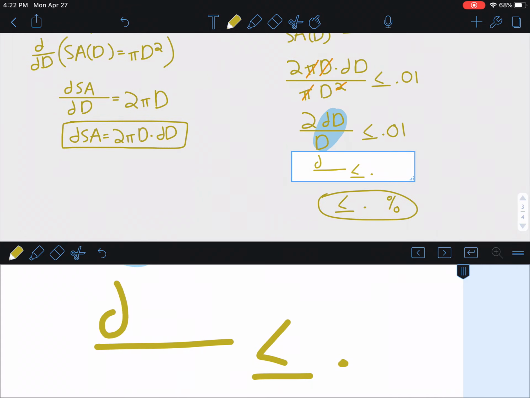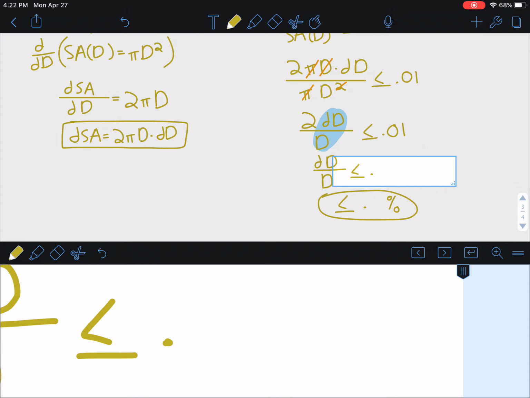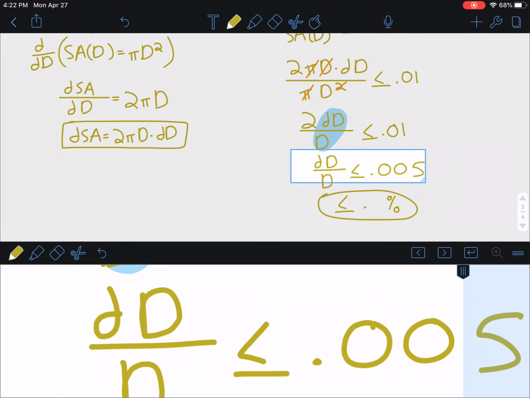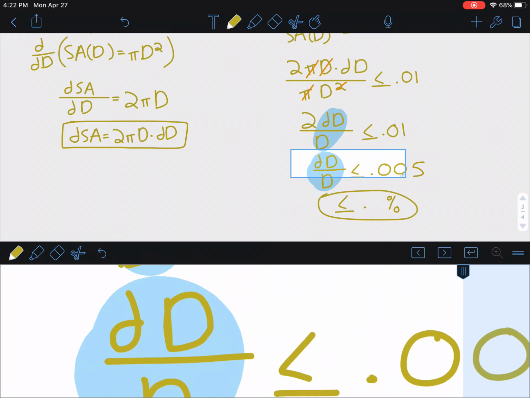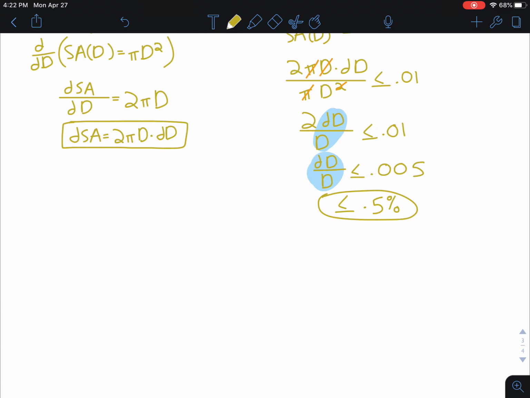And so you get dd over d is less than or equal to 0.005 after we divide both sides by 2. And interestingly enough, what this means is that the percent error for the diameter is actually the same as the radius.